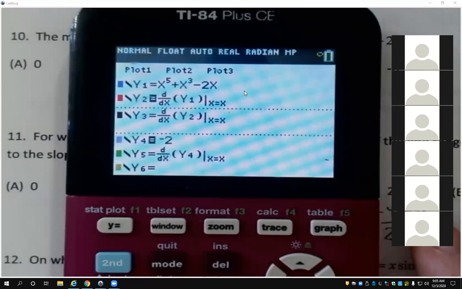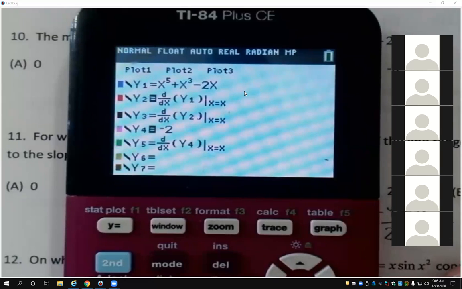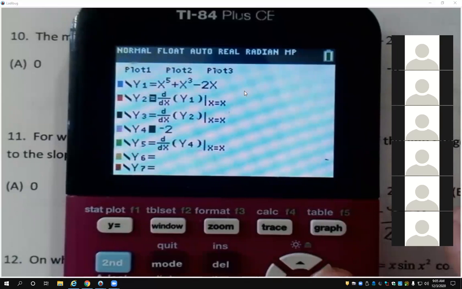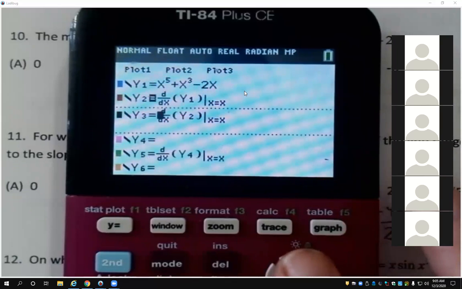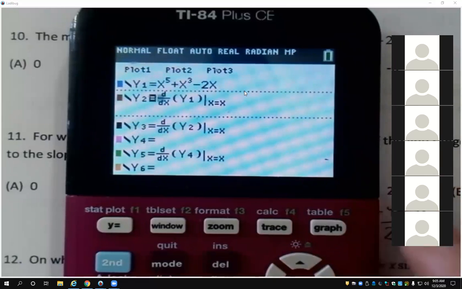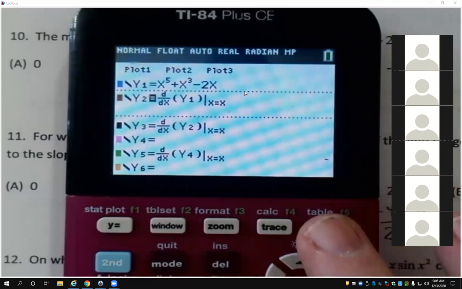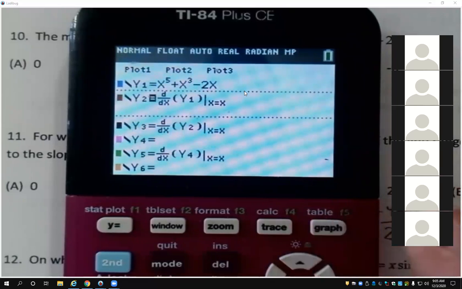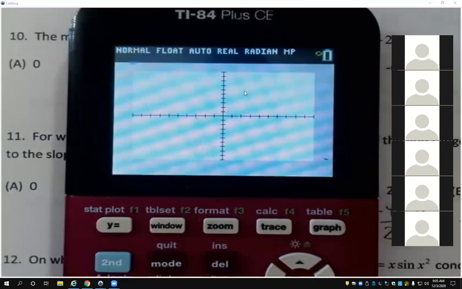Y2 is on, and I'm just going to clear out y4 because I don't need that line -2 anymore anyway. So I'm going to graph y1, not look at it, and look at y2, which is the derivative. Okay, and the derivative of that x to the 5th is going to be some quartic function. Here it comes. And then I'm just looking for its minimum.